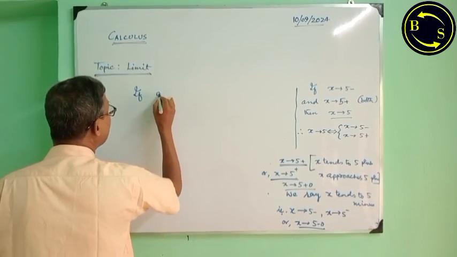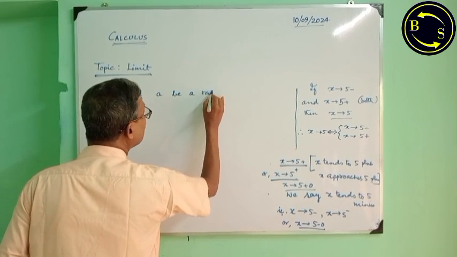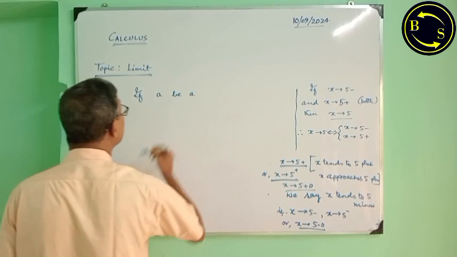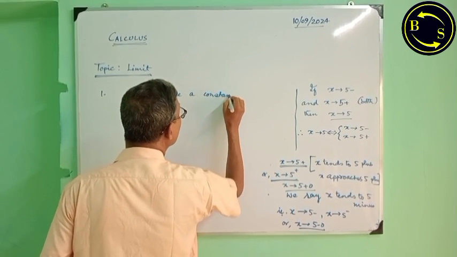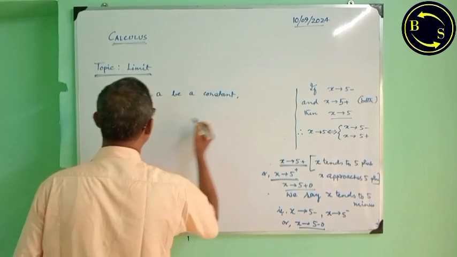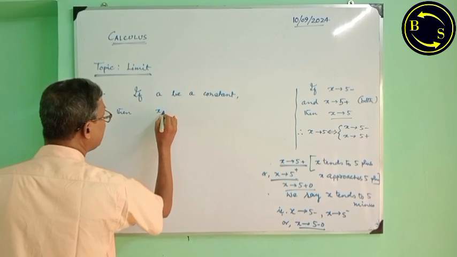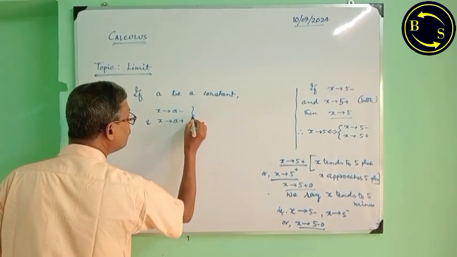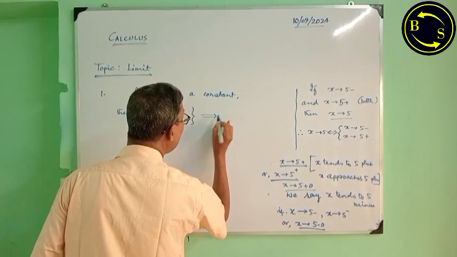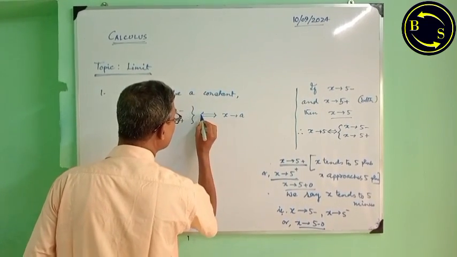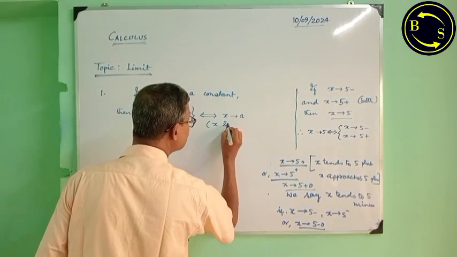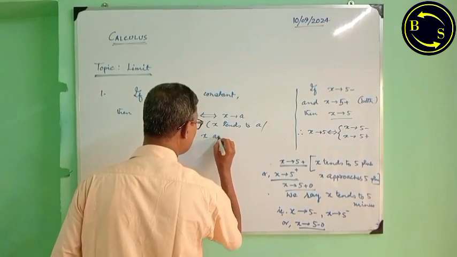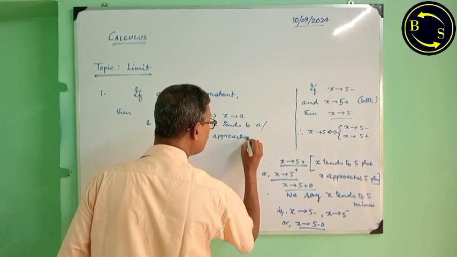If A, B, I say constant, then x tends to a minus and x tends to a plus, implying x tends to a, or x approaches a.